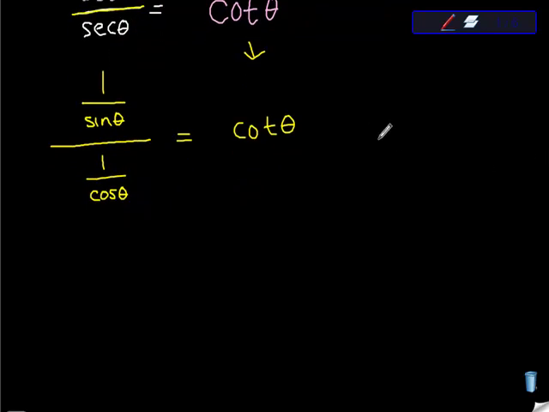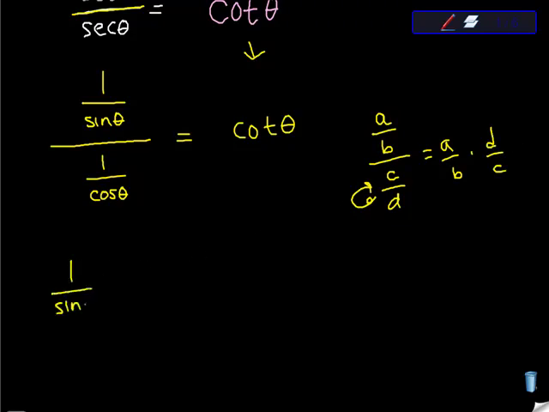If you remember the rule of complex fractions, it says that if we have a fraction A/B over C/D, then we can rewrite that as A/B times the reciprocal of the second part, so times D/C. That's what I'm doing here. I have 1 over sine theta, that's the A/B part.